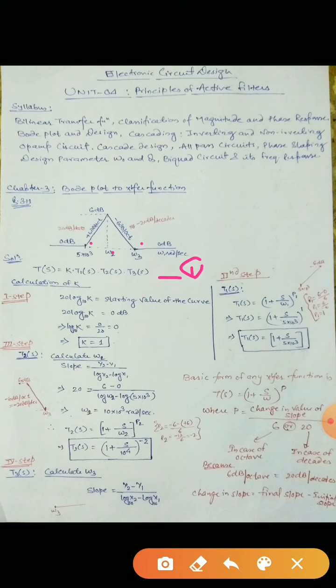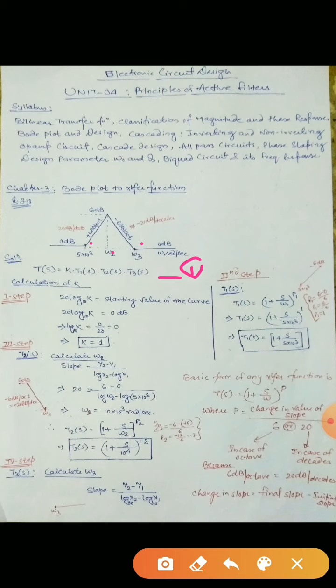There is a simple formula by which we can calculate the value of k. That formula is 20 log to the base 10 of k is equal to the starting value of the curve. Starting value of the curve means the position of the amplitude on the y axis where the slope is starting.